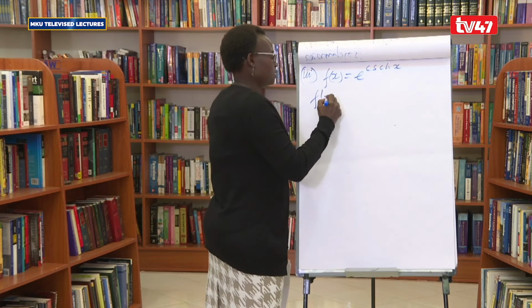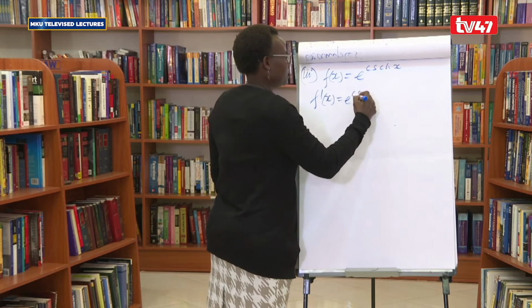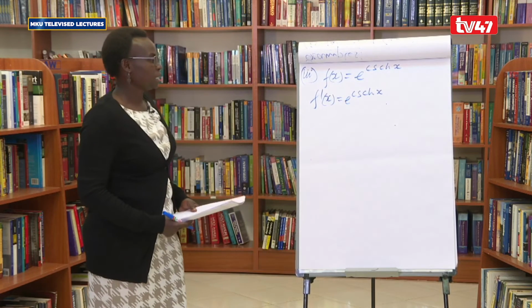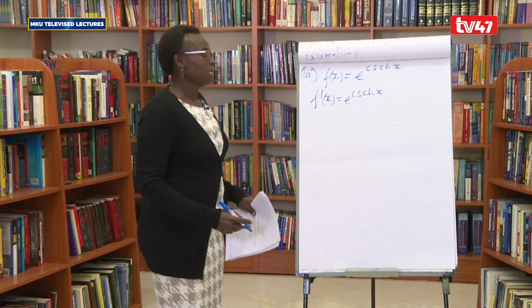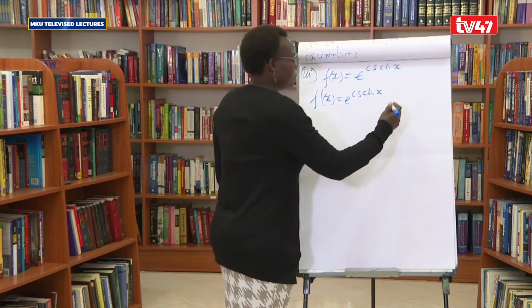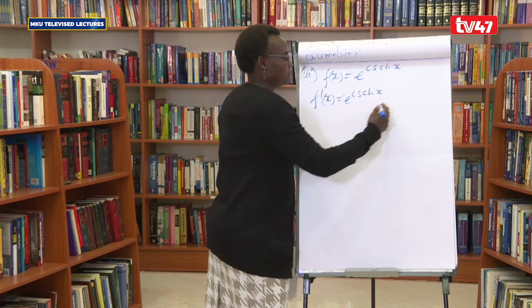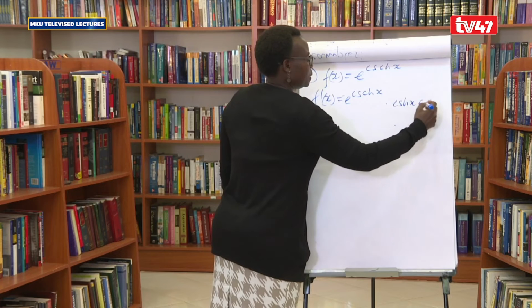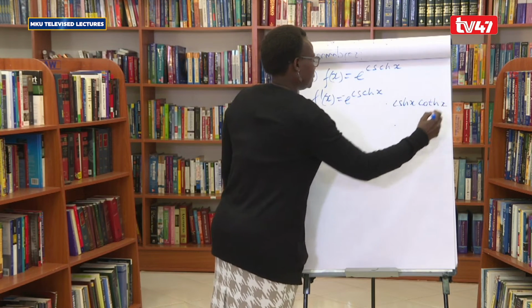So that would give us our original exponential function times the derivative of the exponent. Our exponent there is cosec hyperbolic x. So the derivative of cosec hyperbolic x is negative cosec hyperbolic x cot hyperbolic x. So that's negative, you can put it here.